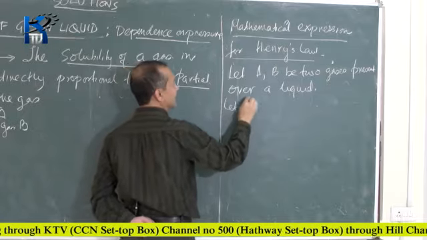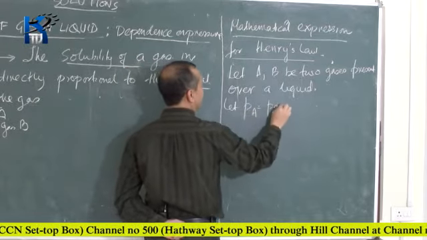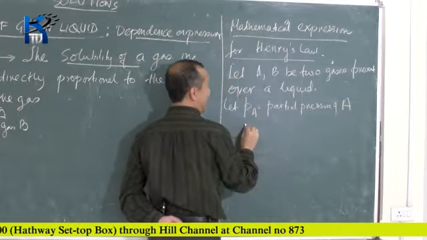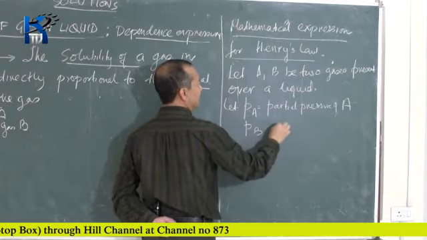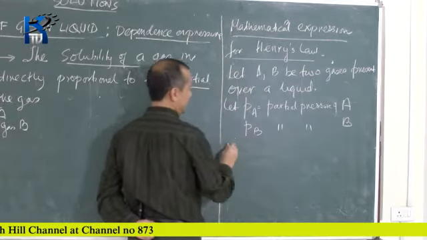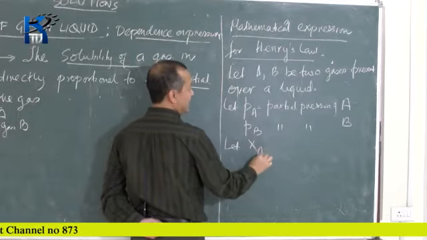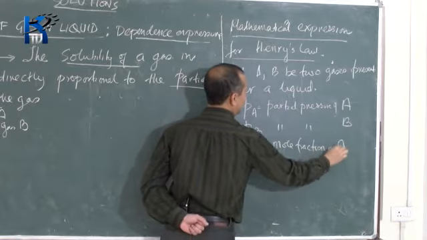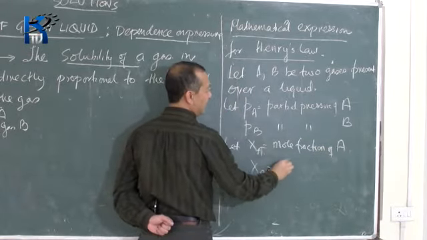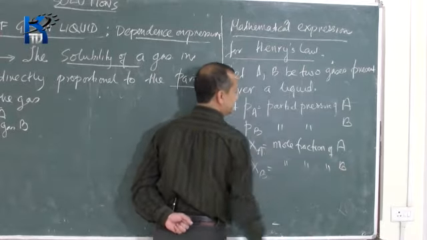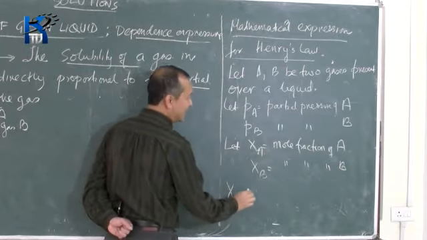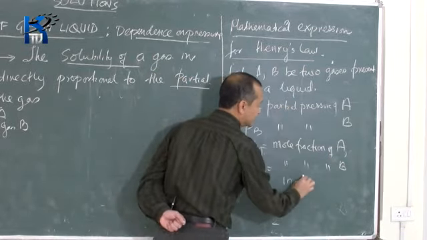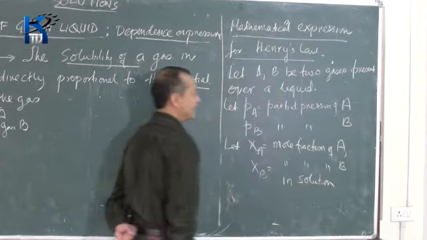And let PA be the partial pressure of A and PB be the partial pressure of B. Now, let XA be the mole fraction of A and XB be the mole fraction of B in the solution, mind you this.